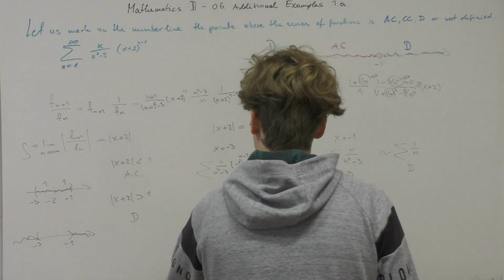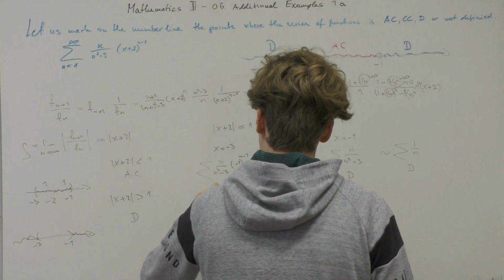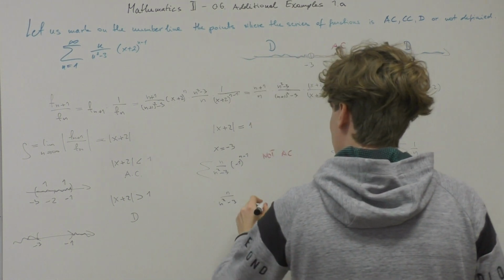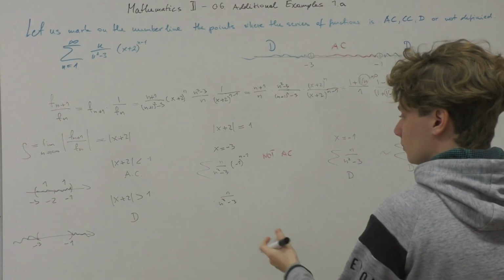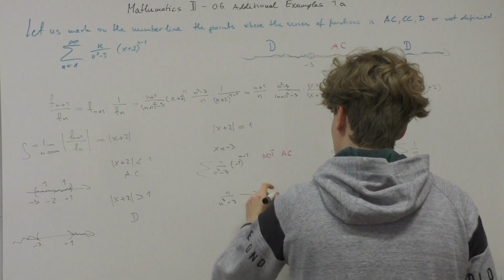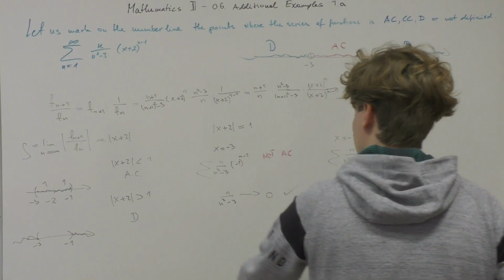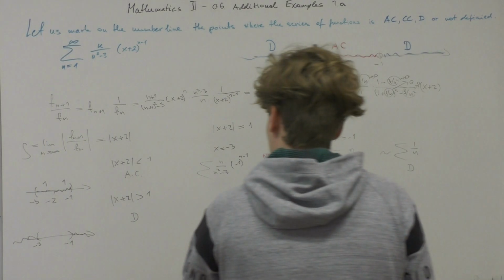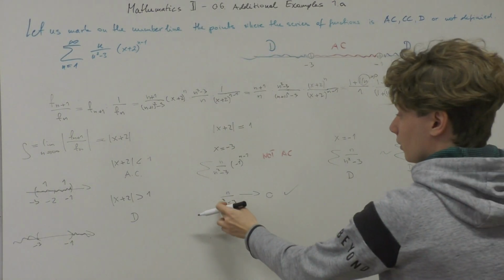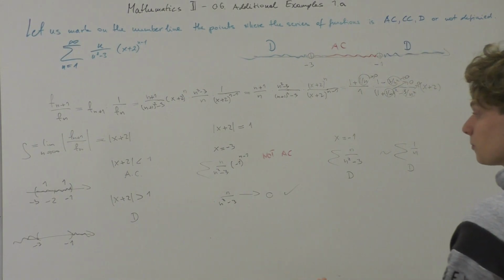The first condition is that the limit of n over n squared minus 3 must be 0, and if you take a closer look at this one, you can clearly see that this does indeed go to 0. So the first condition holds, and the second condition states that this must be a decreasing sequence.